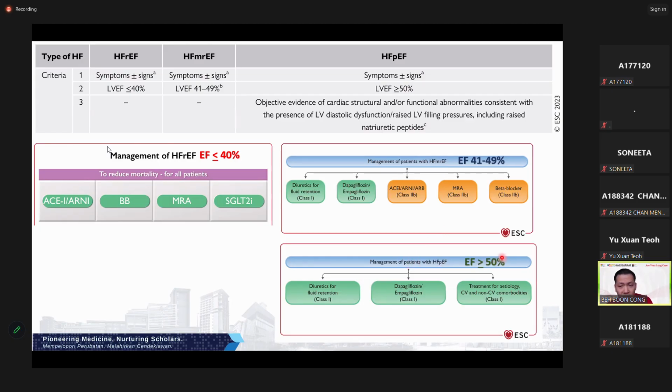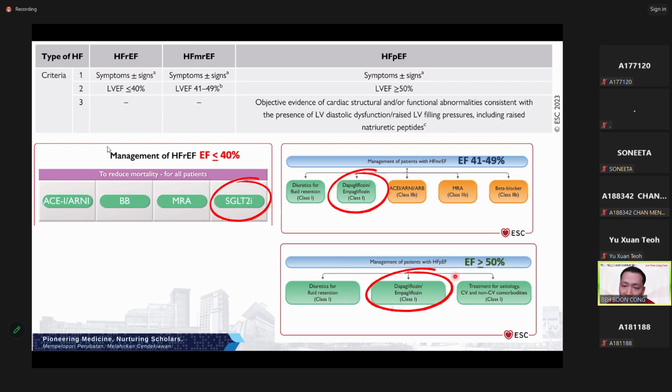For EF more than 50%, you also see that SGLT2 is one of the things. So if you don't know what to start, SGLT2 you can start across whichever classification they are in. But 4 pillars is only for this. This is only 1 pillar, and this is 1 pillar plus the 3.